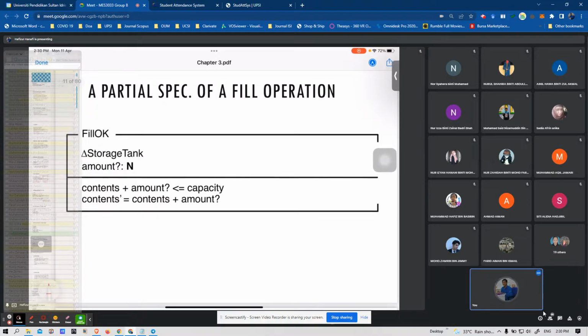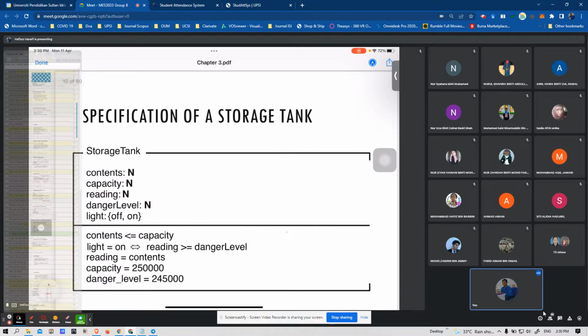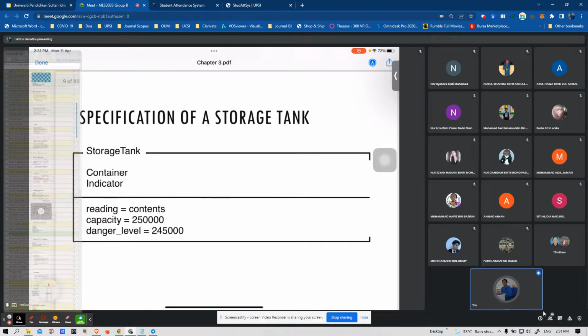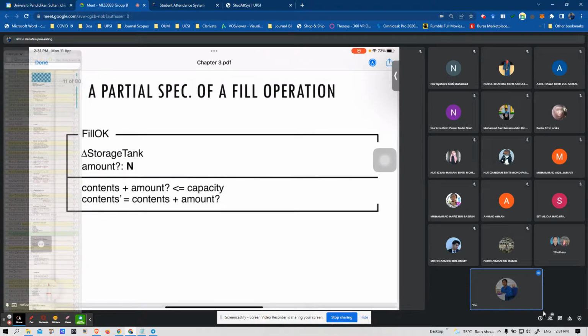Okay, and then this one is a schema name. We have continuation. Okay, we have storage tank, and then we have field, partial specification of field operation. Here you can see schema as a declaration.